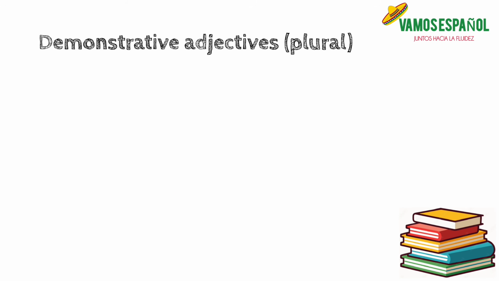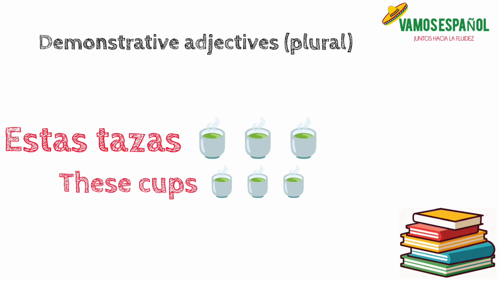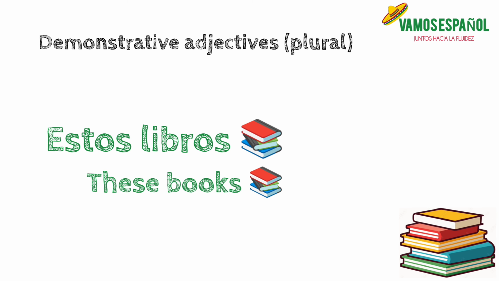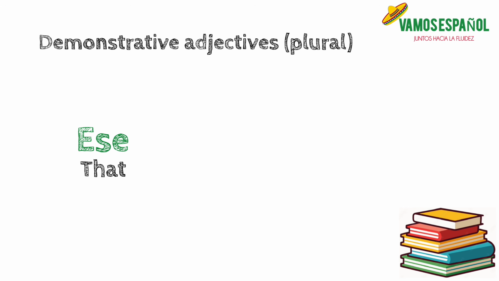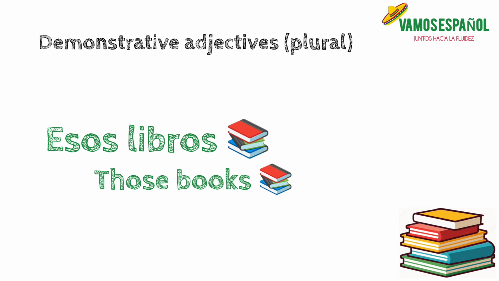For demonstrative adjectives, esta, we have estas, and este goes to estos. For example, estas tazas, estos libros. Now for ese, it goes to esos, and esa turns to esas. For example, esas tazas, esos libros.